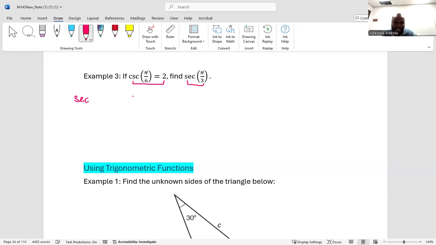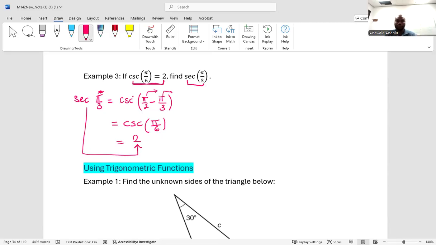So it turns out that I can say secant of pi/3 will be cosecant of pi/2 minus this angle, which is pi/3. This is 90, this is 60. 90 minus 60, that is 30, which is pi over 6. And guys, I've been given the value for pi over 6 to be 2. So it turns out that secant of pi over 3 is also 2.